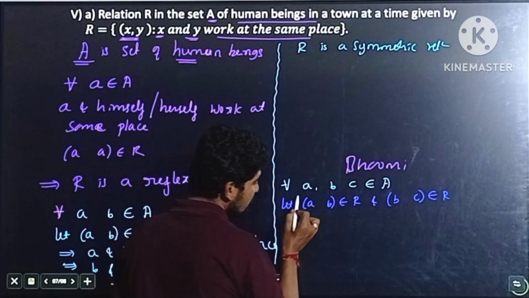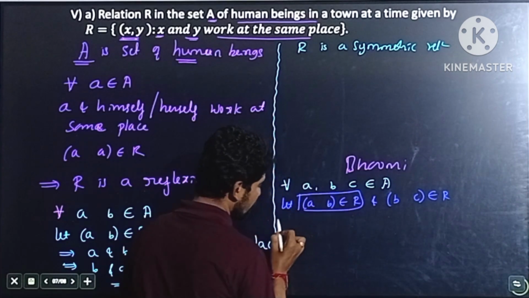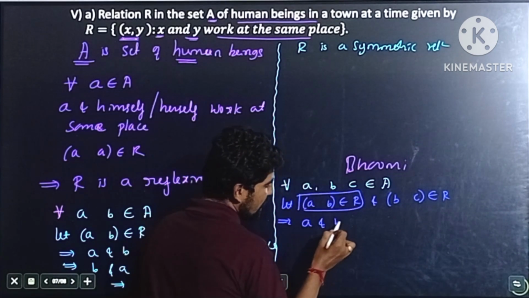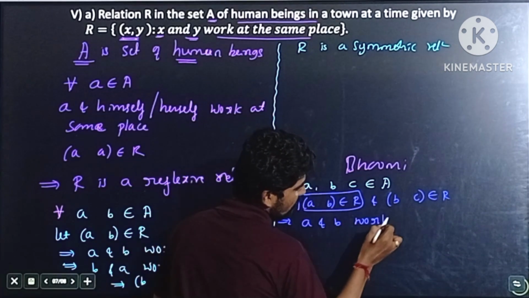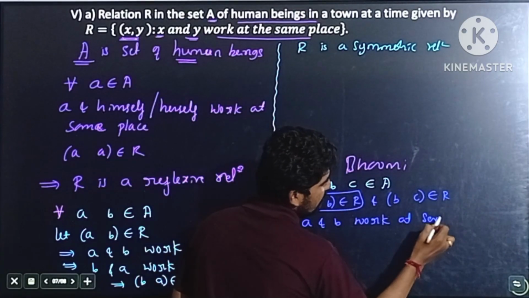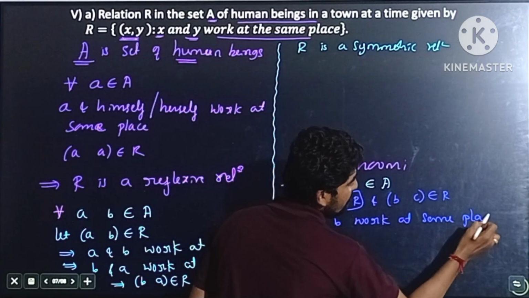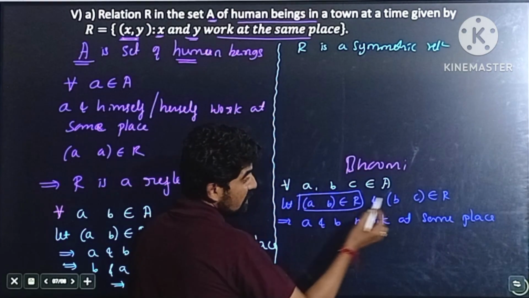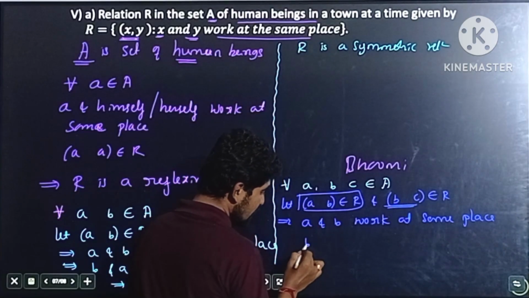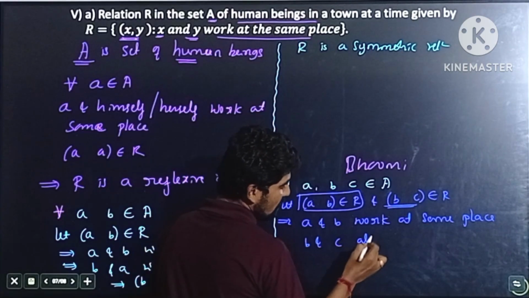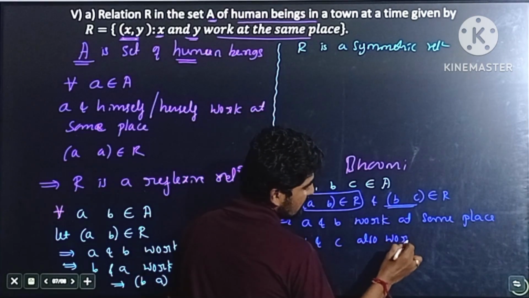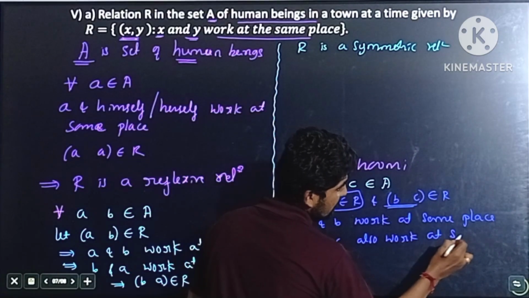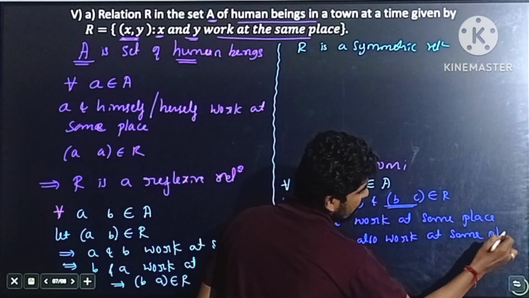I considered the pair AB in R, which implies A and B work at the same place. And BC belongs to R in the sense B and C also work at the same place.